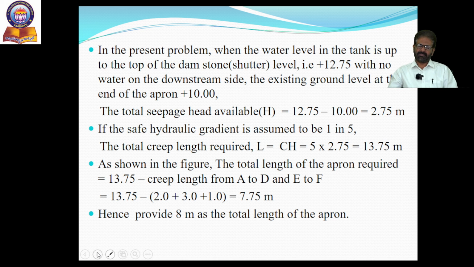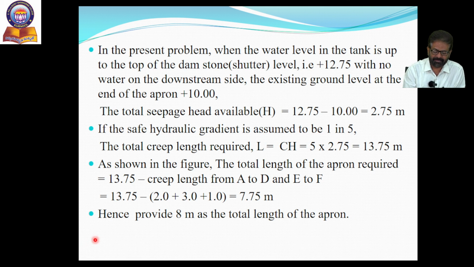That means the level to be considered is the existing ground level, which is given as plus 10 meters. Therefore, the total seepage head available in the present case is 12.75 minus 10, which is equal to 2.75 meter.